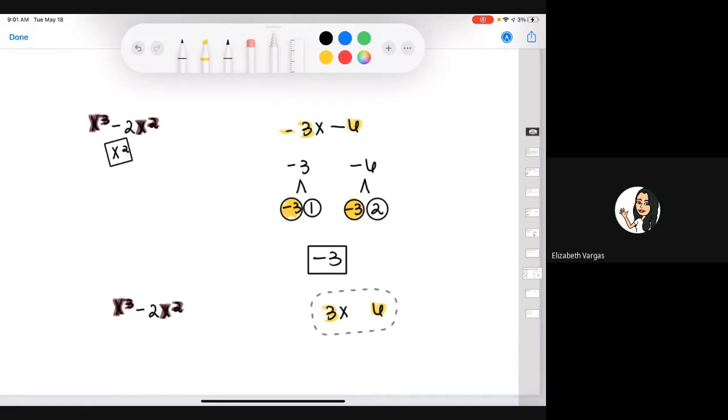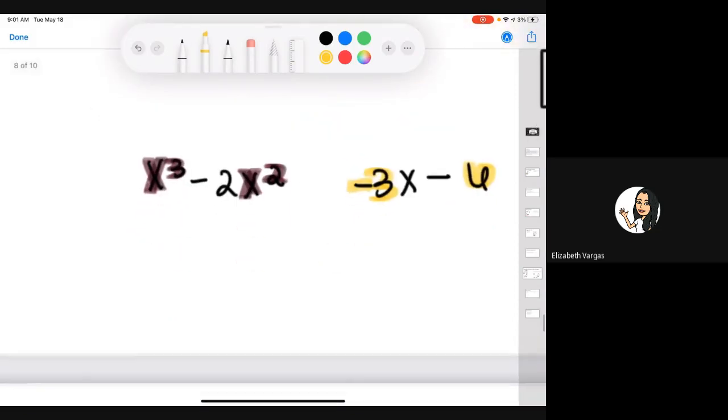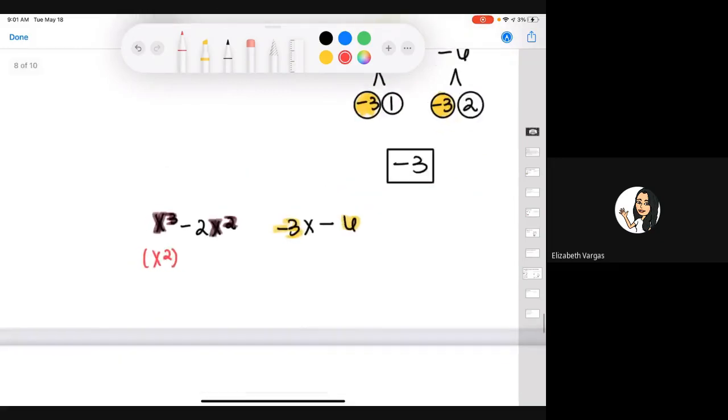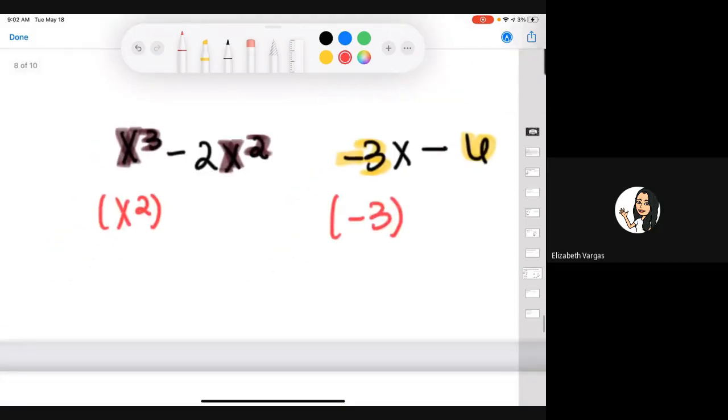I'm going to put it together just a little. So here I took out an x squared. Here I took out a -3. And now I want to see what I have to multiply together to give me my original expression.